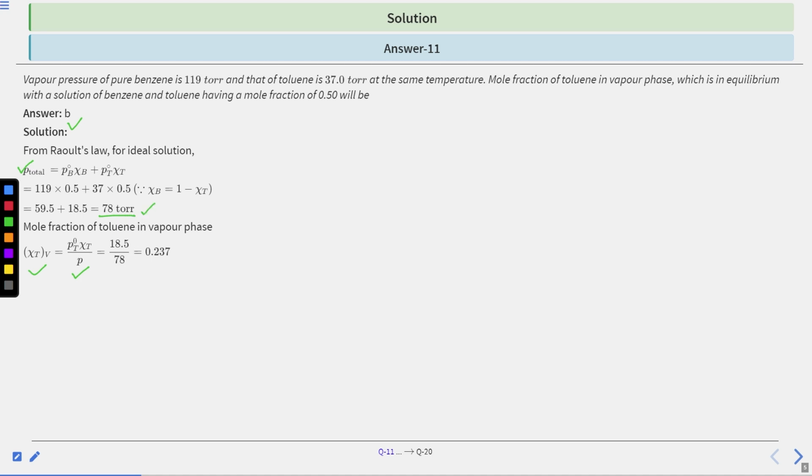As the total pressure we have calculated is 78, and 18.5 is the product of vapor pressure and mole fraction that we calculated from this. The fraction comes out as 0.237. Hence, option B is the correct answer.